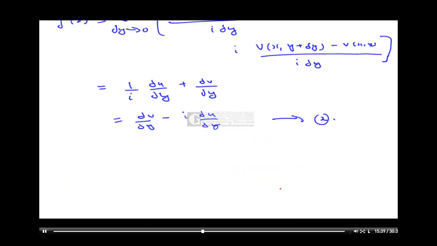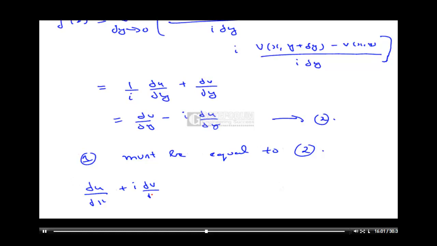Then according to the derivative definition, f dash must be independent of the path whichever it follows. That means 1 must be equal to 2. So when I equate this, I will get del u by del x plus i times del v by del x is equal to del v by del y minus i times del u by del y.